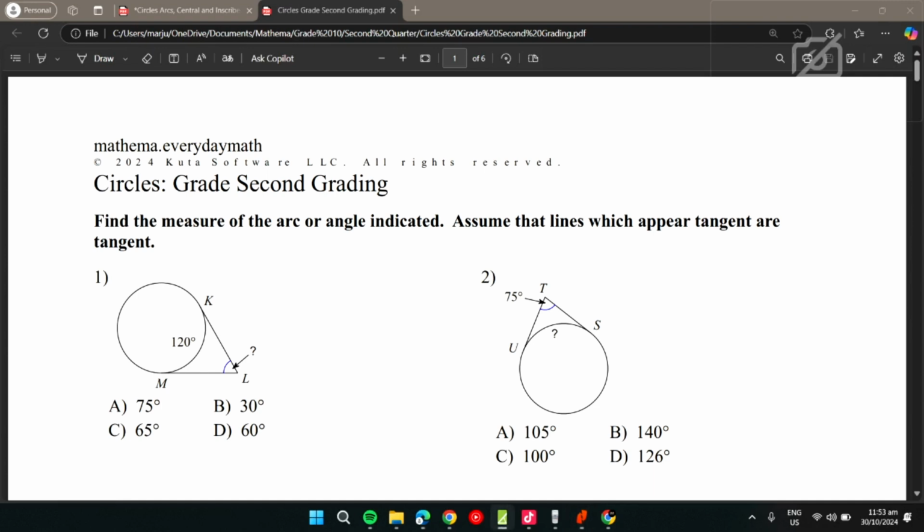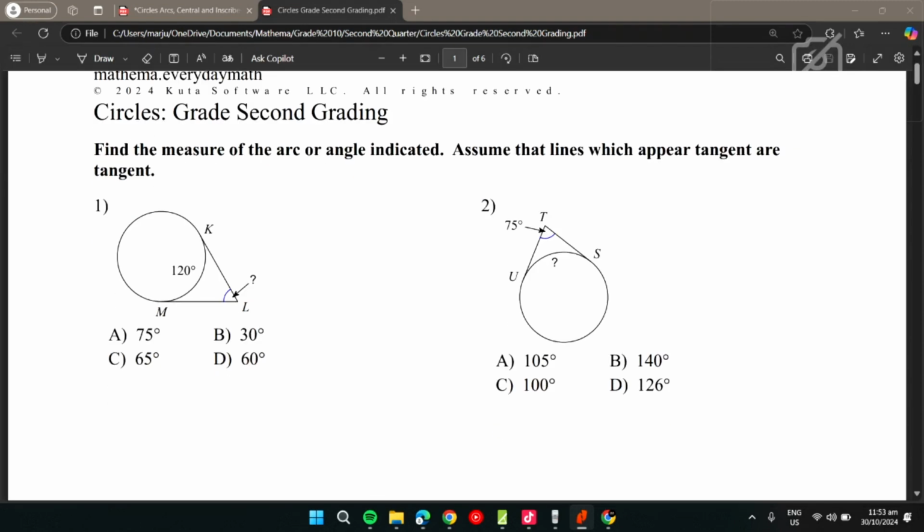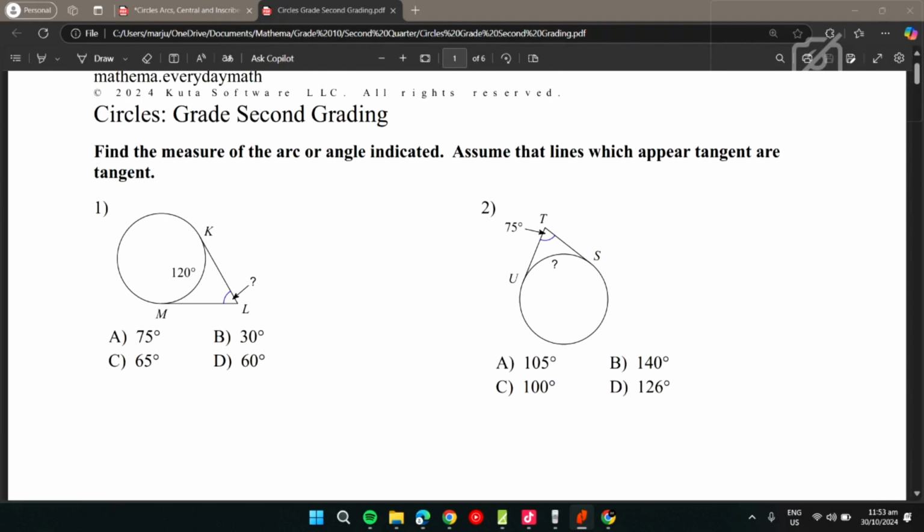Are you seeing it now? Do you guys see it? Alright. So, how do we answer this? We have a tangent, right? They intersect outside the circle.